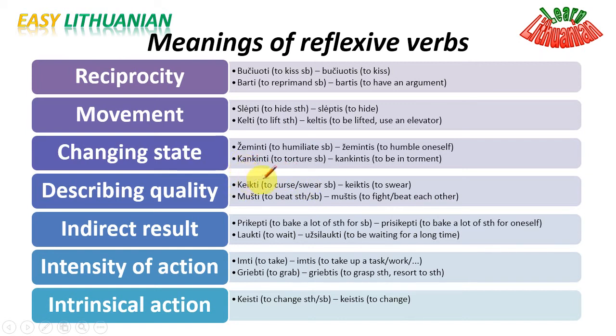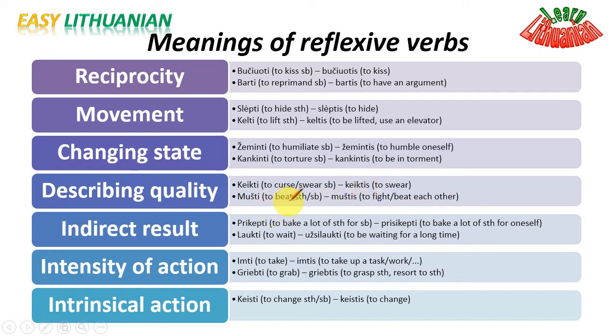But if you're saying keiktis, it doesn't mean to curse oneself. I'm cursing myself. Well, it could, but not always. But keiktis means to swear, to talk bad words, for example, the F words or something else. You're talking bad words. You're swearing. So it describes the quality of the verb also.